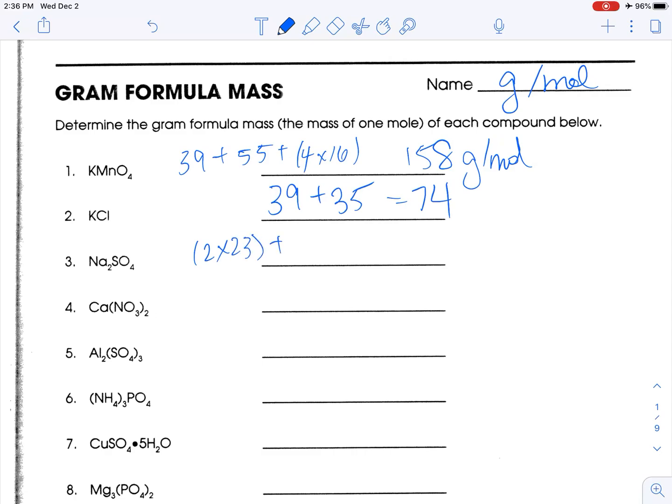And then we're going to add that to sulfur, which is 32, and to oxygen, which is 4 times 16. So 23 times 2 is 46. 16 times 4 is 64. 46 plus 32 plus 64. Add them all up. 142 grams per mole.